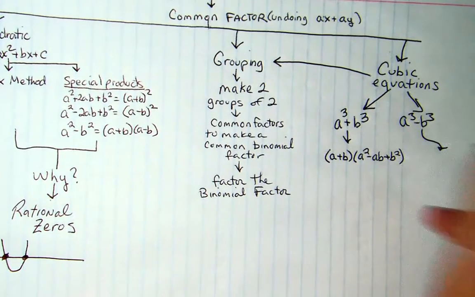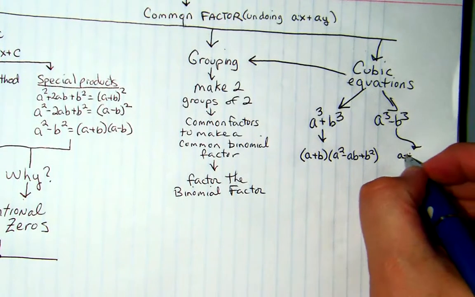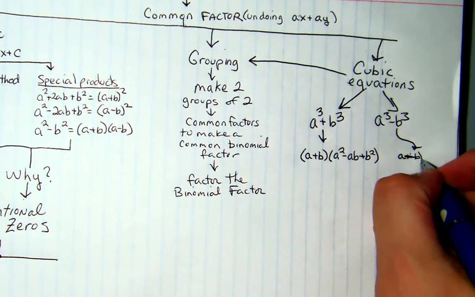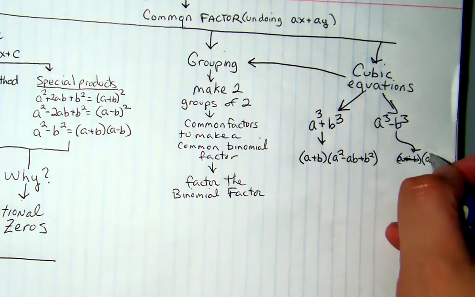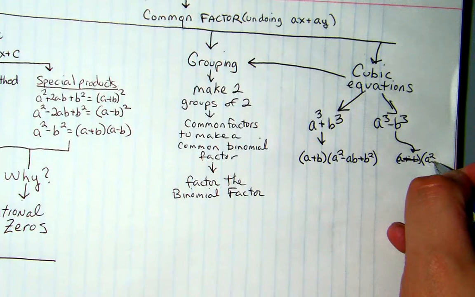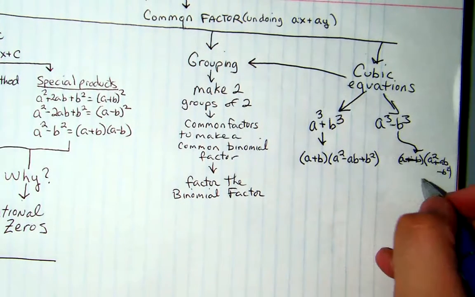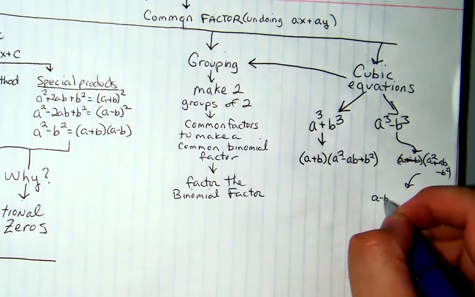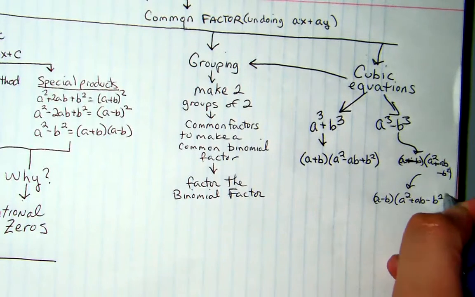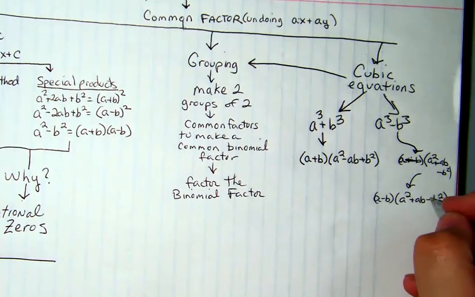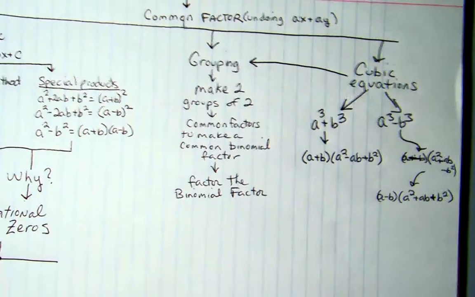This guy is a minus b, and you get a squared plus ab plus b squared. And that's horrible, so I'll rewrite it. You get a minus b times a squared plus ab plus b squared. Sorry. And we'll deal with that because those are just formulas.